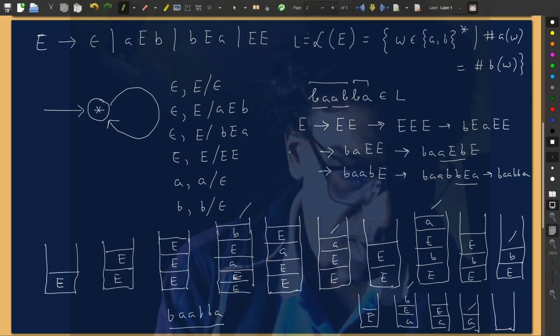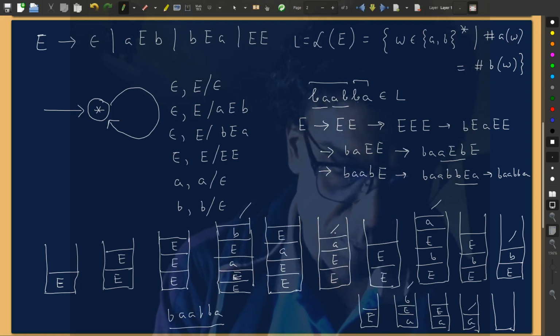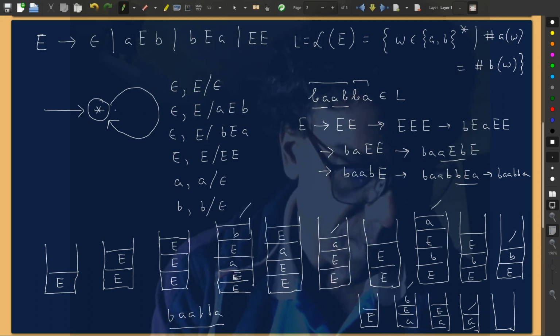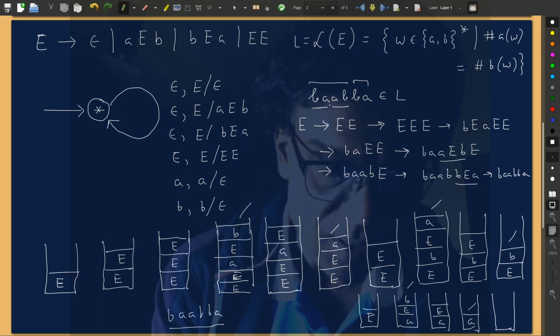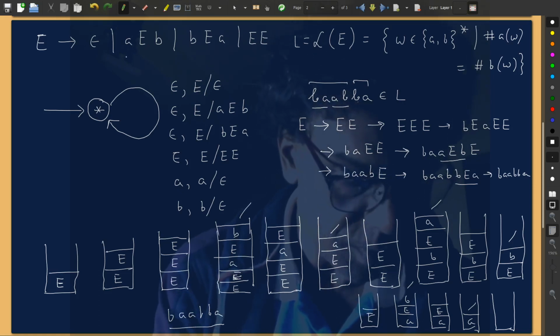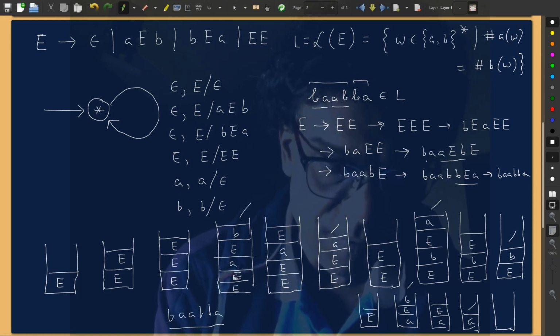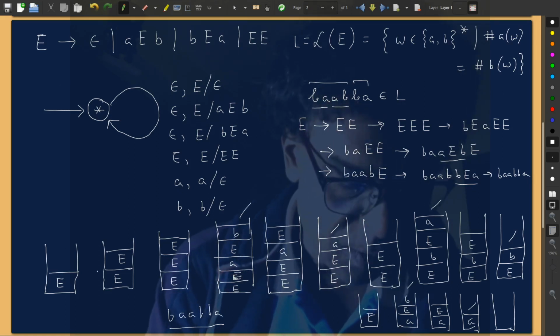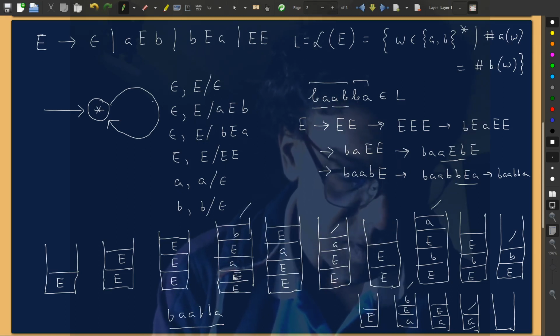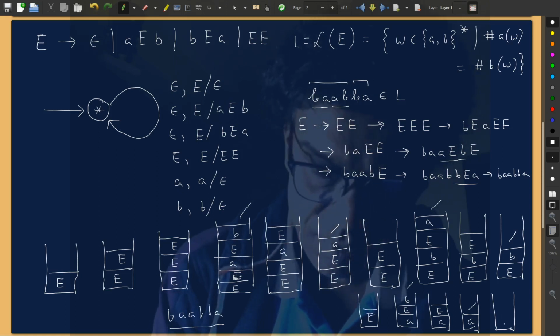Okay. And now you can formally prove that this simulation of the derivation process is perfect in the sense that if we have something in L, the language of this grammar, then there exists a leftmost derivation, and corresponding to that you have a sequence of transitions of this machine that will start with this and end up with this empty stack.